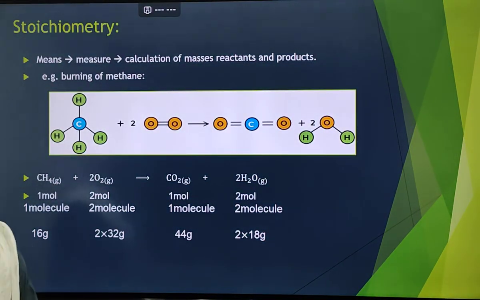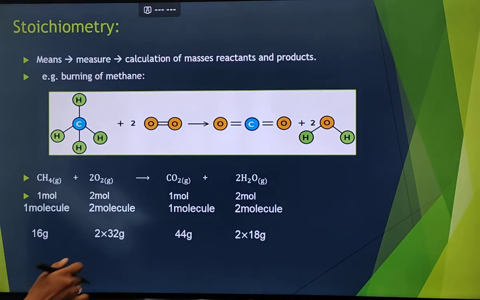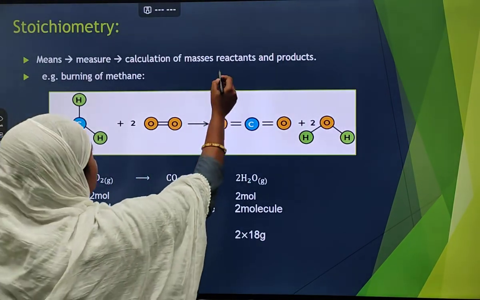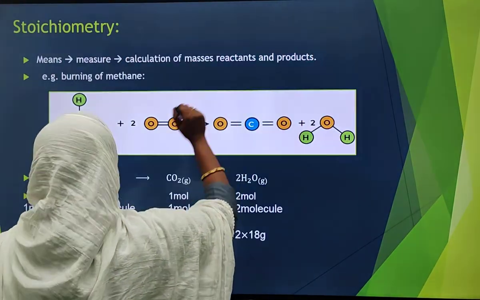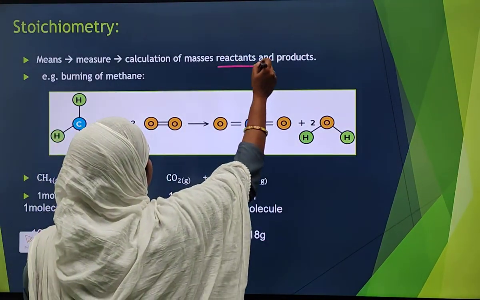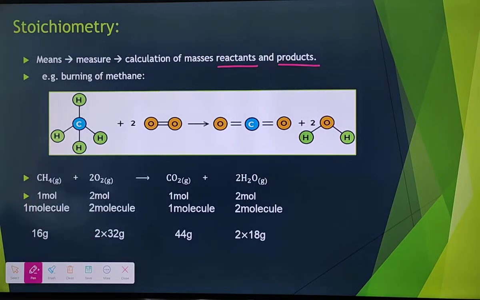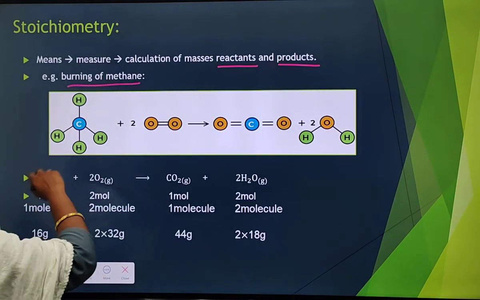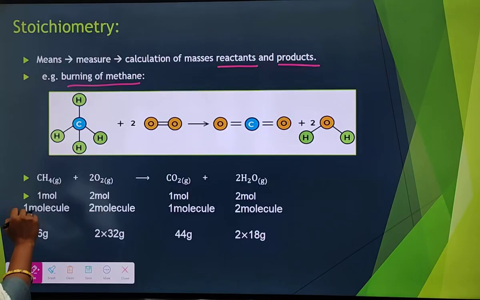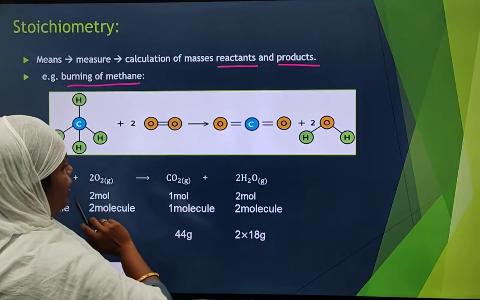Now we learn about stoichiometry. Stoichiometry is nothing but to calculate the mass of the reactants and products. Now you see, I have given an example of burning of methane, where you see 1 mole of methane, there is 1 molecule of methane. We have written the chemical reaction also, and I have shown it in a diagram form.